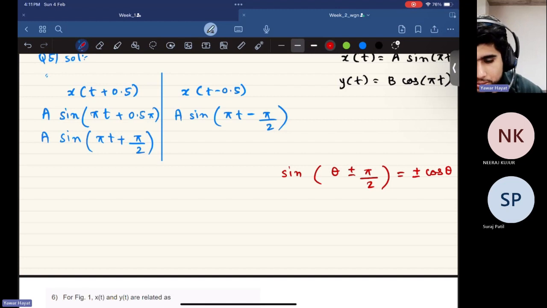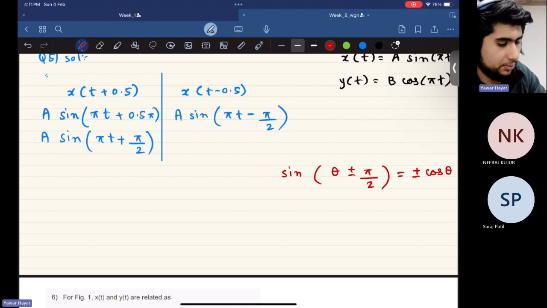You can also plot this on Desmos. Are you aware of Desmos? No, sir. Wait, I'll send a link in the chat and you can meanwhile play with that.